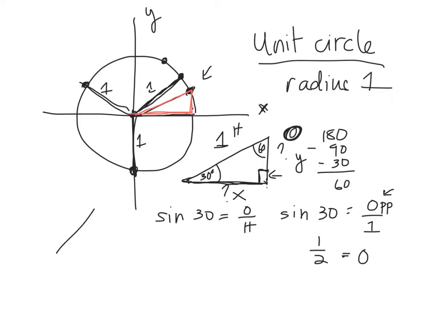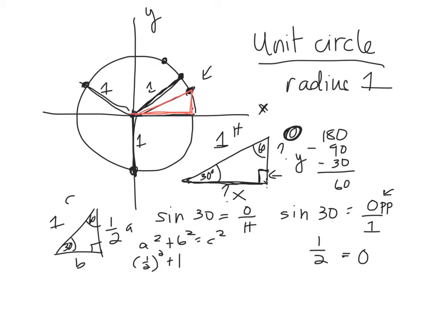So now our triangle looks like this. This is 1/2, this is 1, this is 30, this is 60. Once you have two sides of a right triangle, we can use the Pythagorean theorem to figure out the third side. So we have a squared plus b squared equals c squared. A is 1/2.